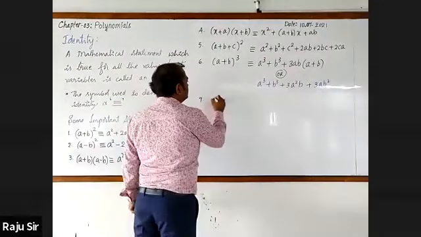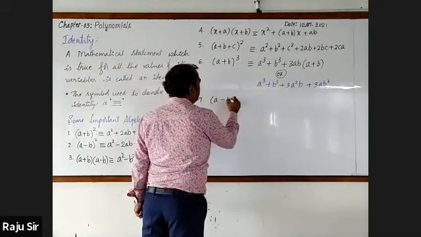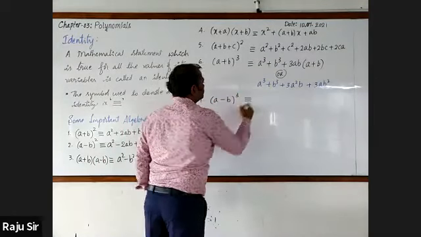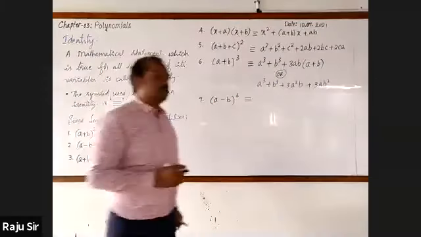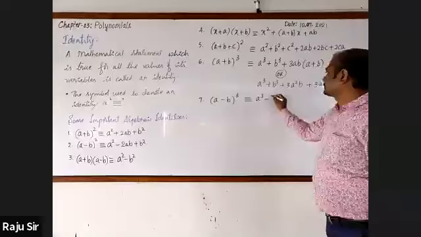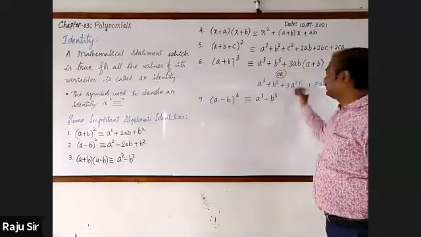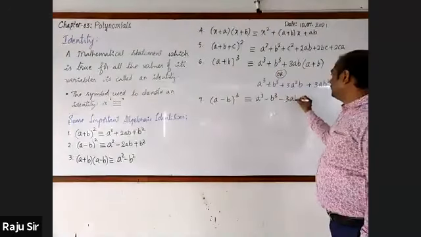Seventh one, (a minus b) whole cube is exactly equal to a cube minus b cube, just changing the sign, minus 3ab into (a minus b).